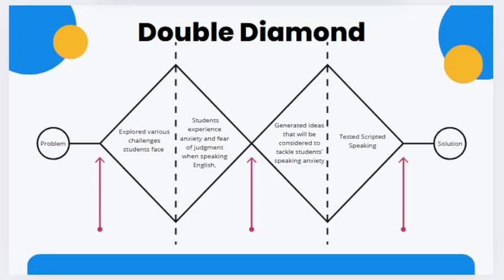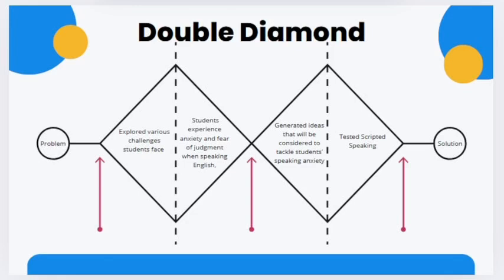Then we go on to the second diamond of the double diamond, which starts with the develop phase. In the develop phase, we have a real discussion to frame our problem, and we generate some ideas to be considered to tackle students' speaking anxiety.